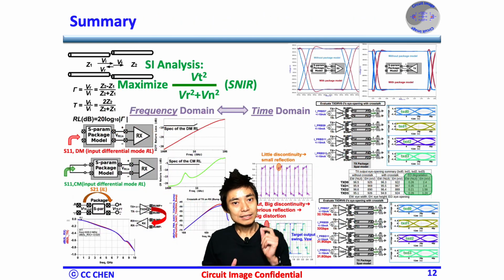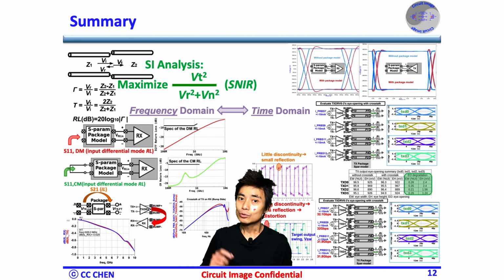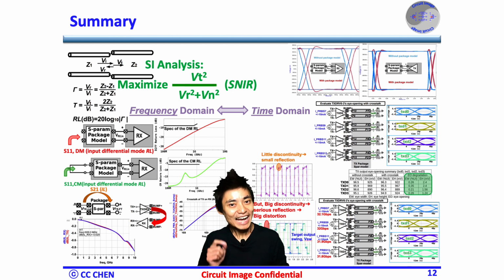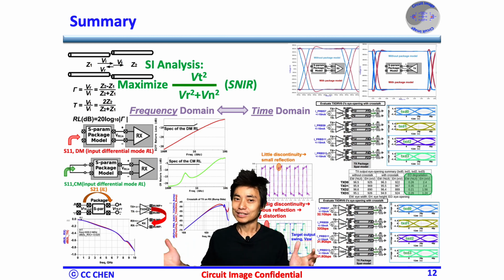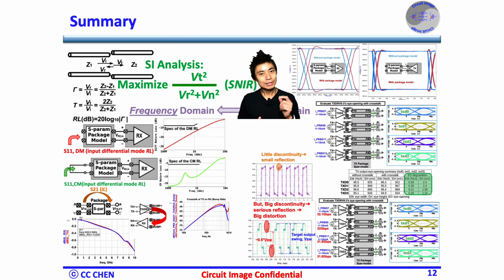Here is the summarized image you may have for why we need to perform a signal integrity SI analysis in a circuit system. The goal is to simply reduce the bit error rate by increasing the signal-to-noise ratio (SNR), or someone calls the signal-to-interference plus noise ratio (SINR), to emphasize the importance of the interference or SI.